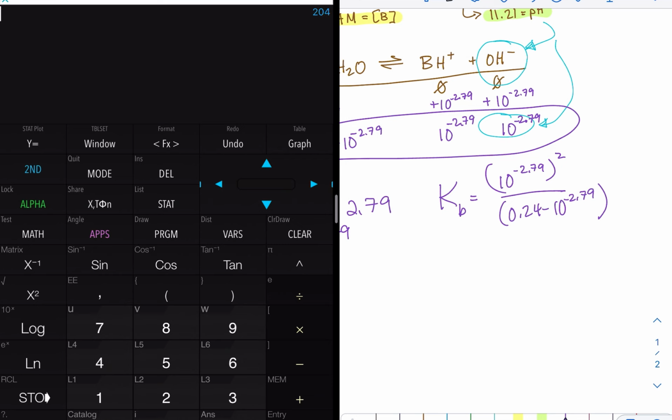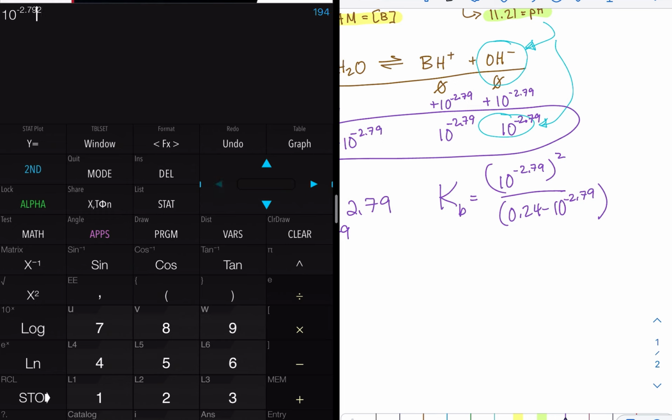10 to the, which is the inverse log. I'm going to type it in as the inverse log of negative 2.79. That is all squared. So I need to, all right, I need the inverse log of negative 2.79. That has to be squared. So let me see if I can get my calculator to square that.